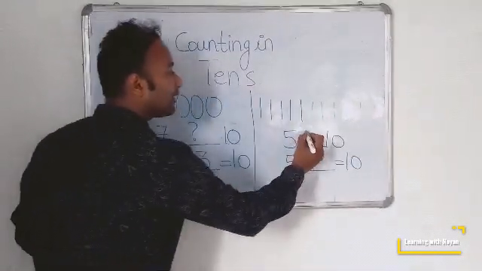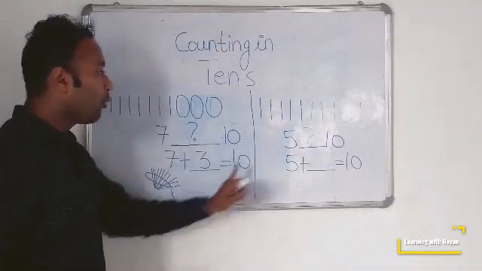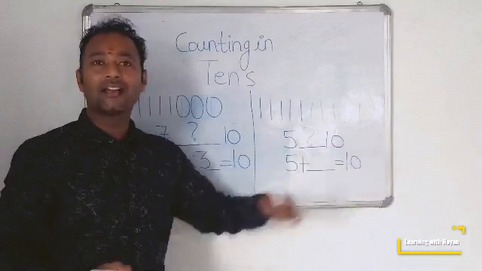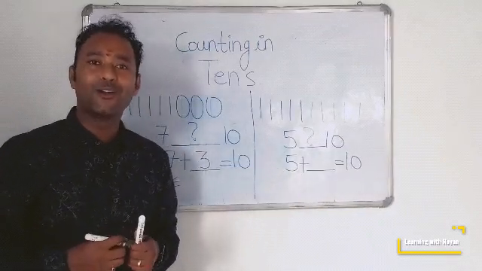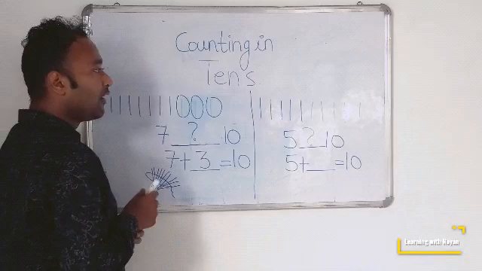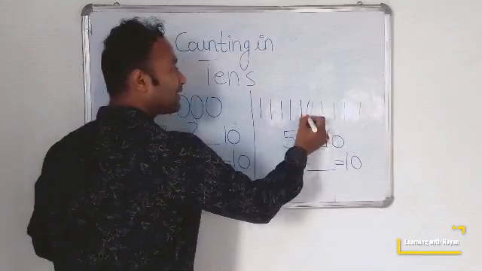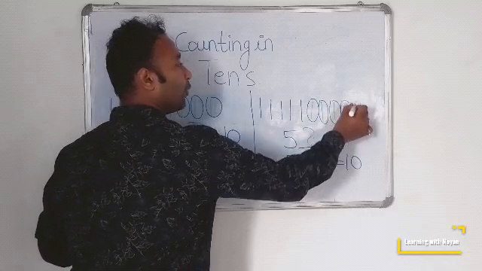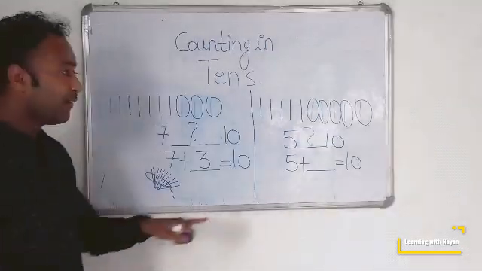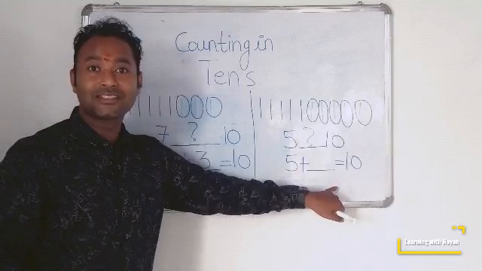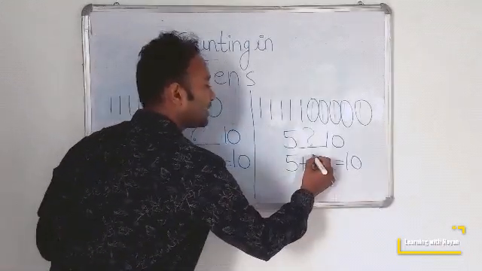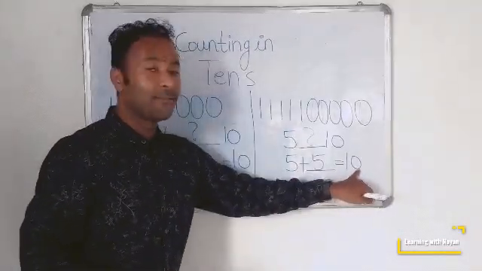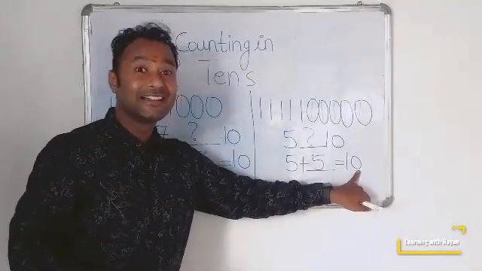So in this part, how much should I add to these 5 sticks so that I can form a bundle of 10? So how much have I added in this? 1, 2, 3, 4 and 5. So to 5, how many sticks has sir added? Yes, sir has added 5 sticks more to form a bundle of 10.